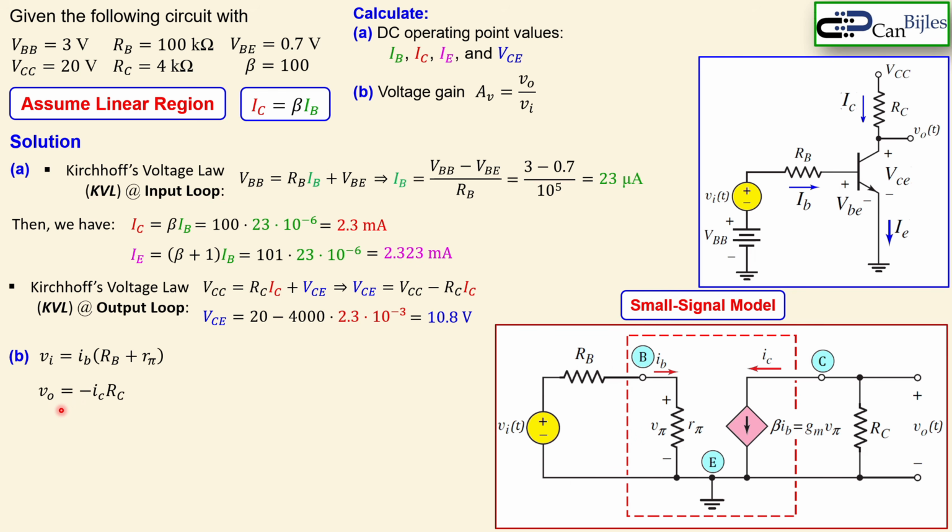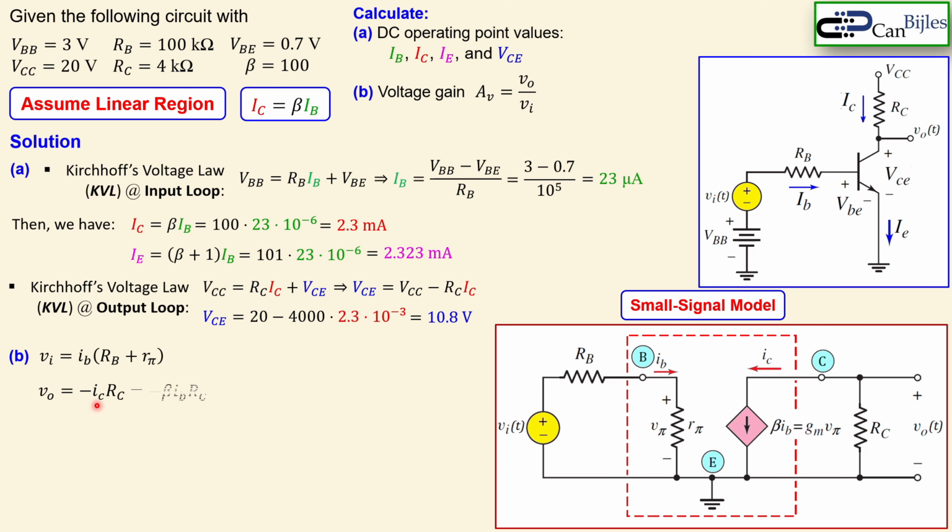The VO, the output voltage, is the voltage across resistor RC, but that is the reverse of this IC. That's why we have a minus sign here, because the current flows from the bottom node to the top node, while we measure from the top node to ground. That means we have a sign inversion.